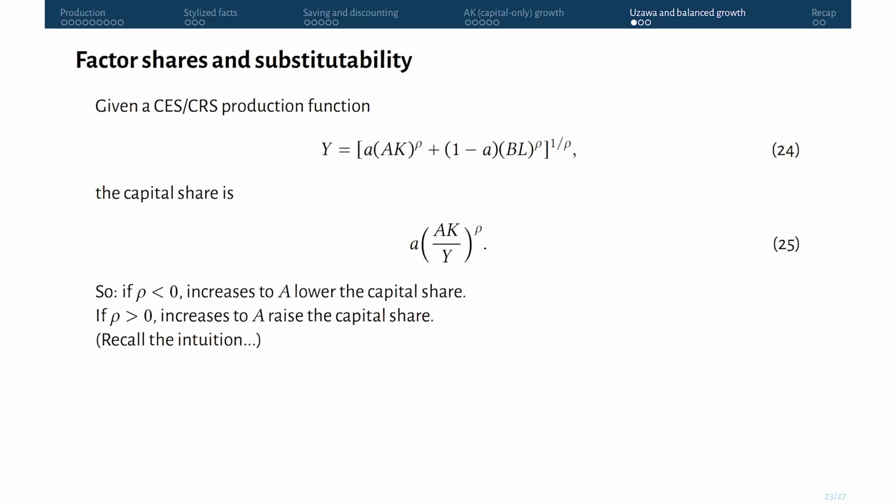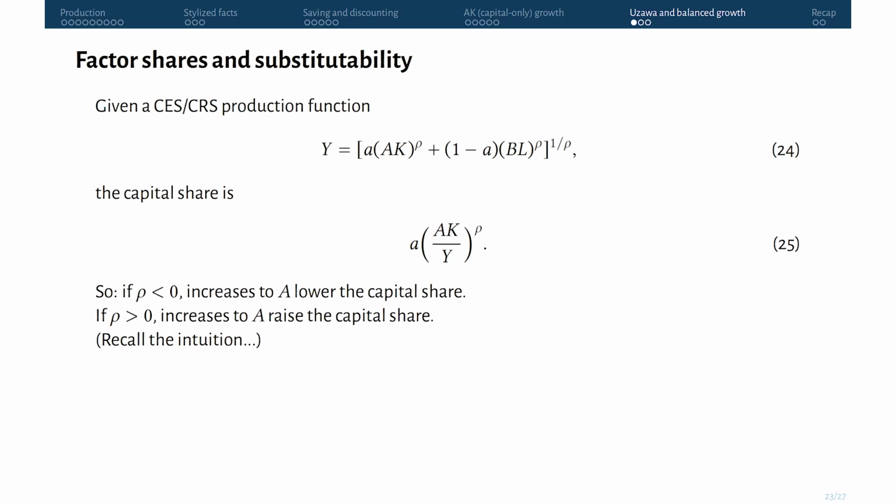So if rho is negative, if the factors are gross complements, as usual, then increases to A will lower the capital share. And this is precisely for the reason that when the factors are gross complements, increases to K lower the capital share. The two things are always multiplying each other, so they'll always have the same effect on the factor share. More capital augmenting technology, just like more capital, means more effective capital.